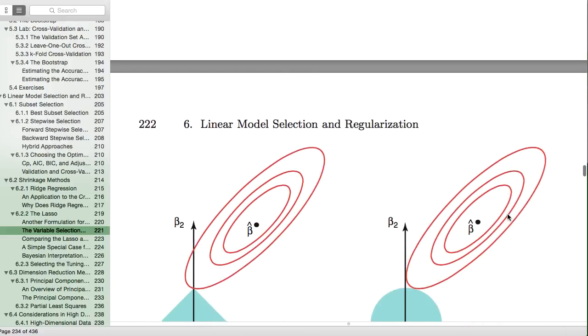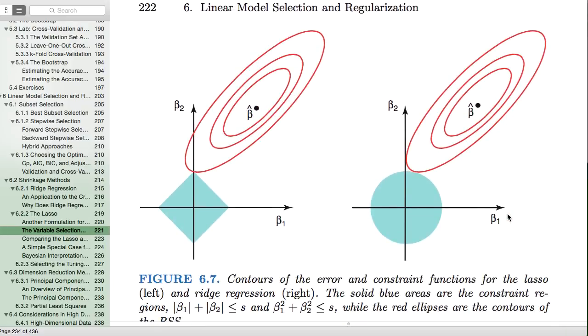Oh yeah, here, this is a really good picture that shows the difference between the lasso and ridge regression. So this is the lasso on this side, and this is ridge regression. And here are the optimal coefficients, and you can read this like a contour map where every value along the red ellipses is equal to every other value along that same red ellipse.